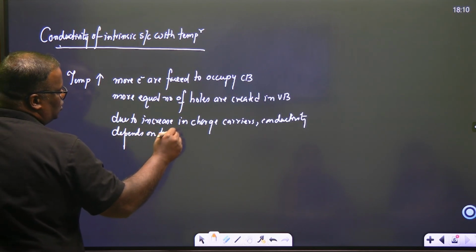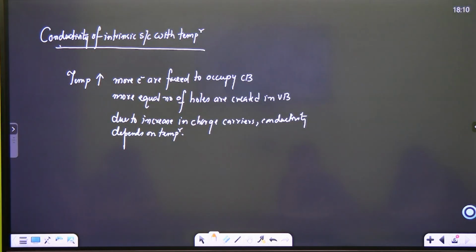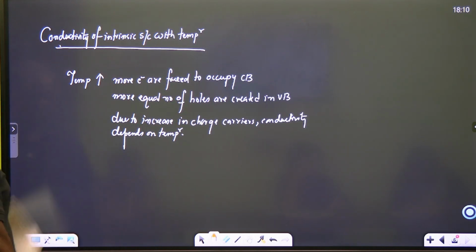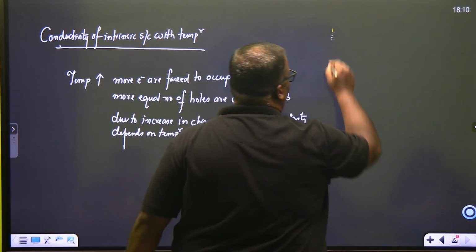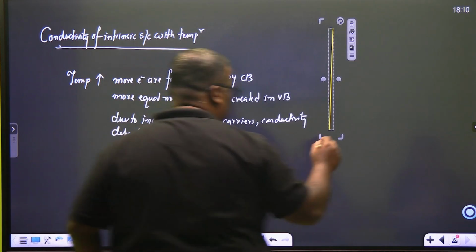A question which may come, somebody may ask you, why do you say that the conductivity of a semiconductor increases with temperature? The more the temperature, the more electrons are freed to the conduction band, the more holes are created in the valence band, and as such we see that due to the increase in charge carriers, conductivity also increases. So let's make one small diagram out here which will make us understand this in a better manner.